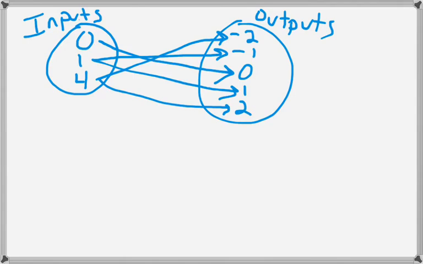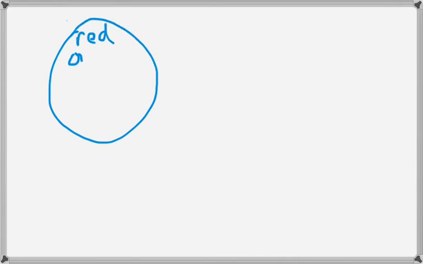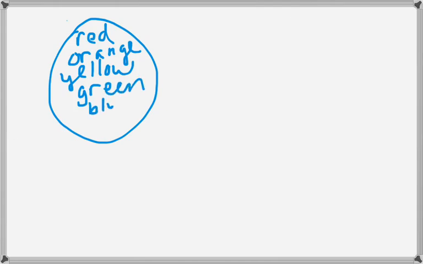The inputs and outputs don't have to be numbers. So for example, our inputs could be red, orange, yellow, green, blue, purple.